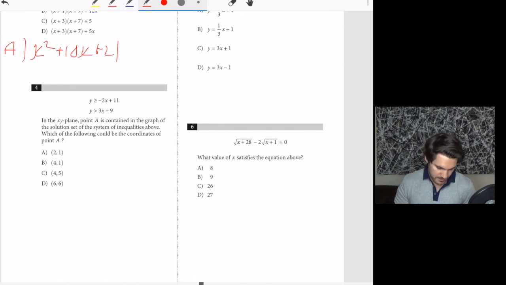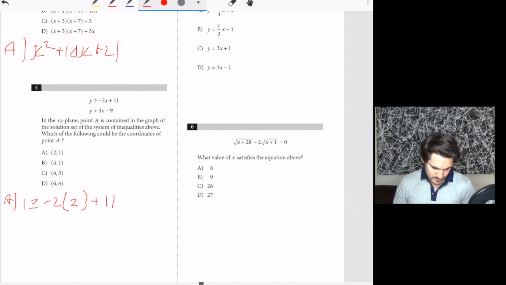Let's start with A, (2, 1). 1 has to be greater than or equal to negative 2 times 2 plus 11. So 1 has to be greater than negative 4 plus 11. Is this true? It appears not to be true because 1 is not greater than 7. So A is out.